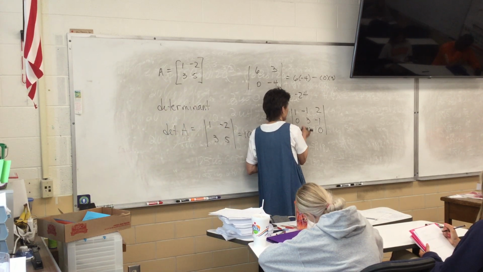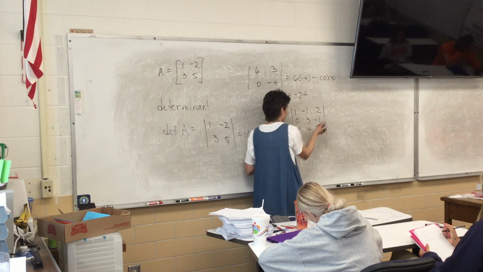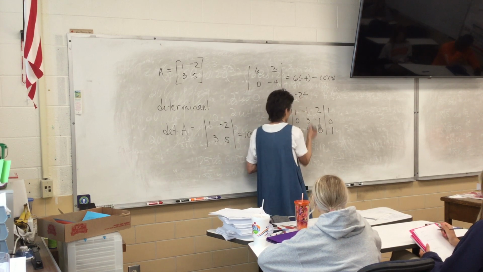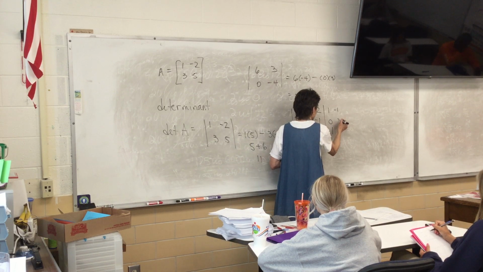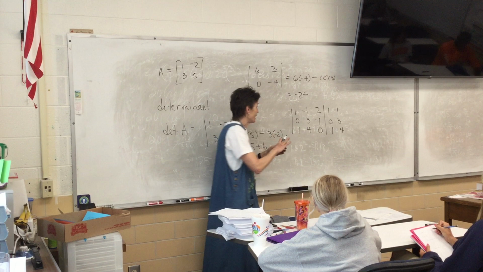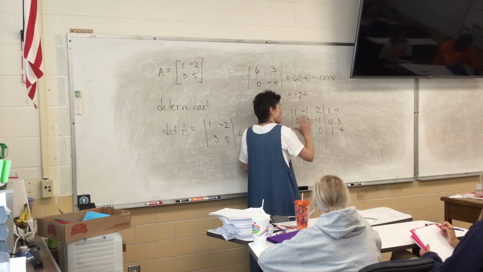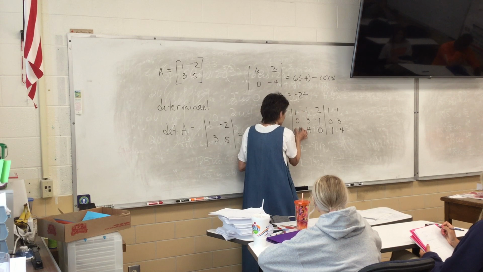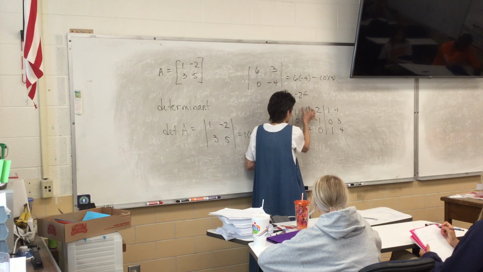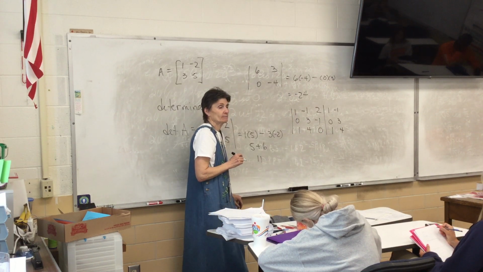We take the first 2 columns, so 1, 0, 1, and negative 1, 3, 4. And we recopy them exactly in order with negatives, everything. Don't change a thing. Recopy this one first, this one second, right at the end of your determinant.